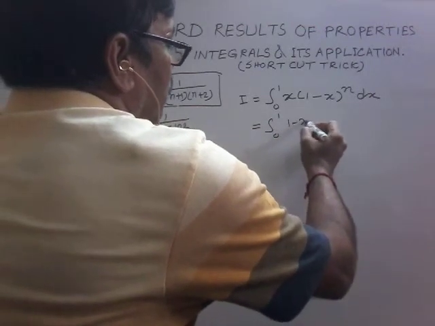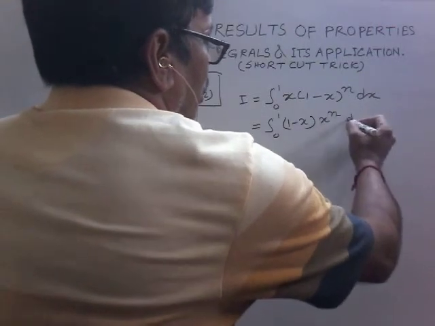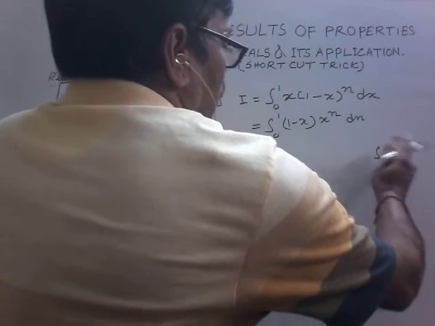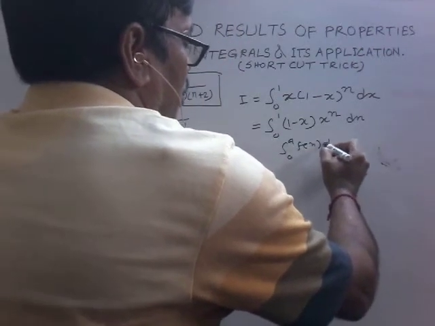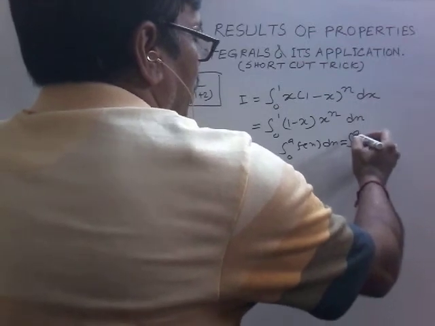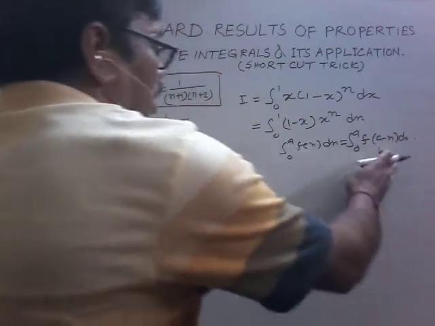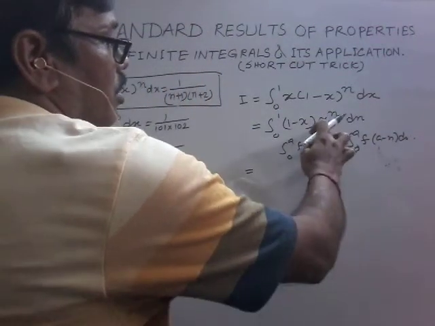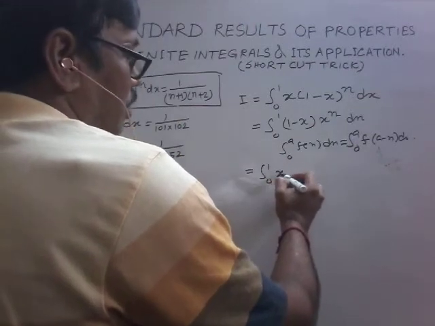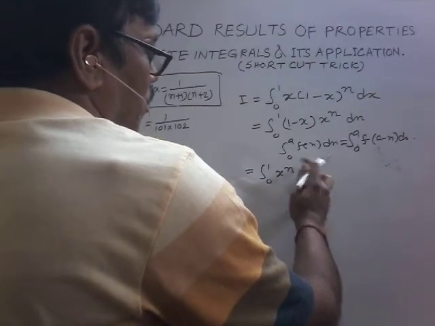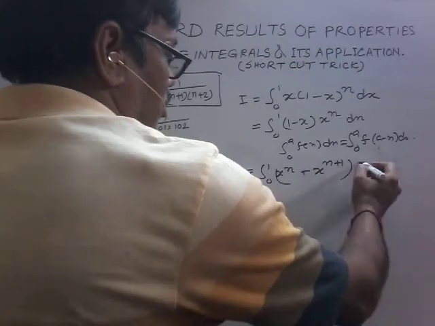But to avoid it, we use a property. x is replaced by upper limit minus x. What is the property? 0 to a f of x dx equals 0 to a f of a minus x dx. Now look, here this is a single x only, so we can multiply it out: x to the power n minus x to the power n plus 1 dx.